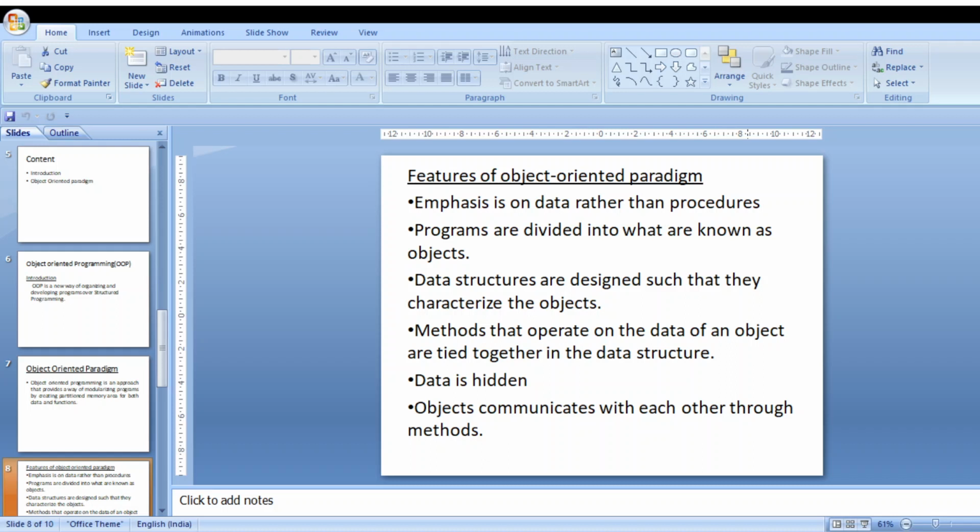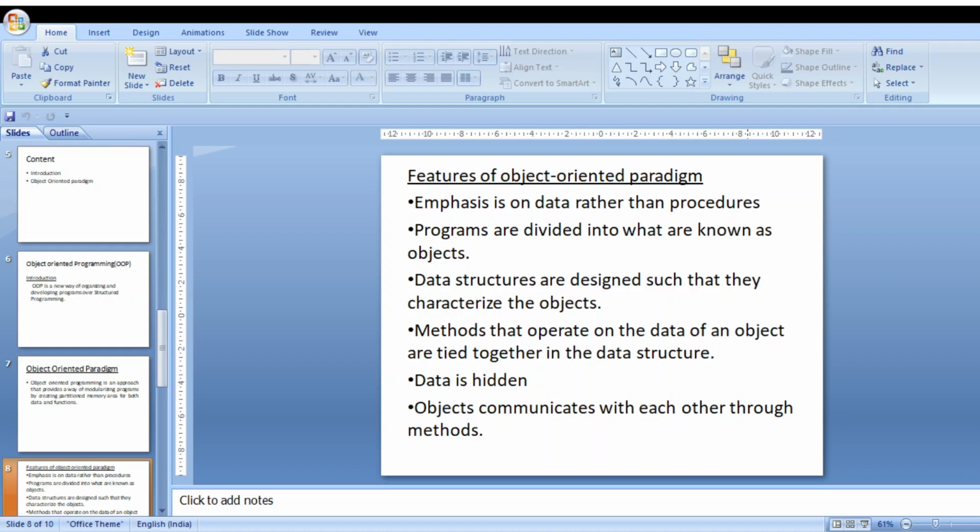Next, you have so many features of object-oriented programming like inheritance, polymorphism, message communication, data abstraction and encapsulation. But before that, we will discuss in the next session.